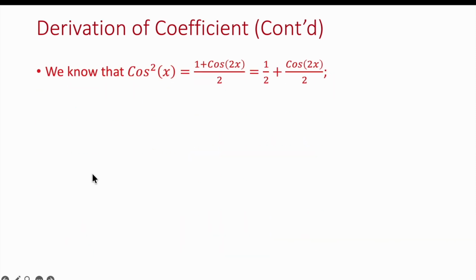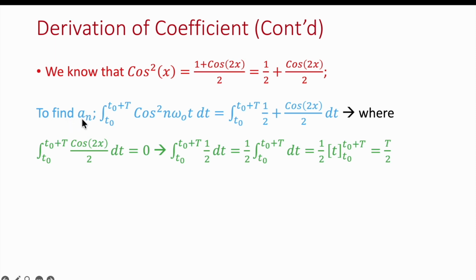Similarly, you can calculate the other values as well, because we know that cos square x is equal to 1 plus cos 2x divided by 2, which you can also write as 1 by 2 plus cos 2x by 2. So to find a n, for cos square n omega naught t, you can use this trigonometric identity. The integral of cos 2x by 2 is always equal to 0.